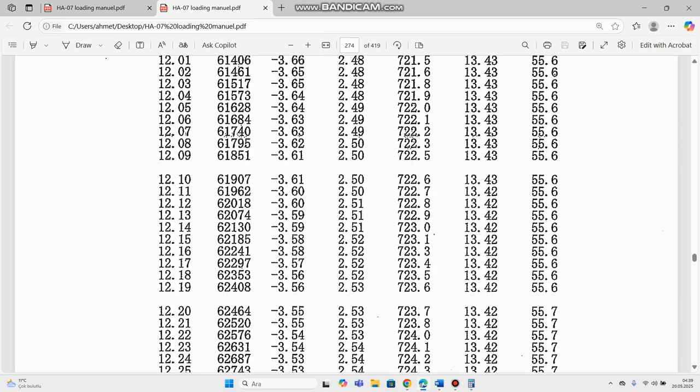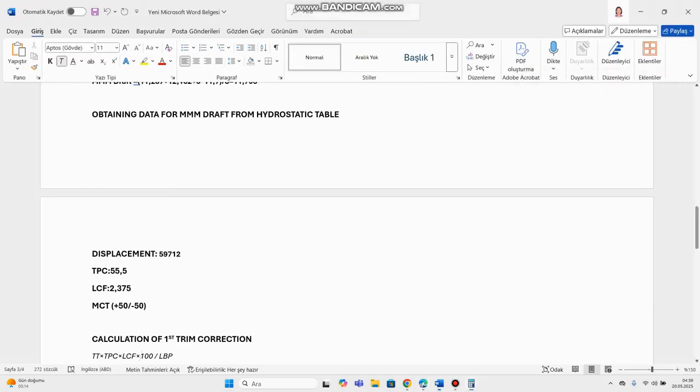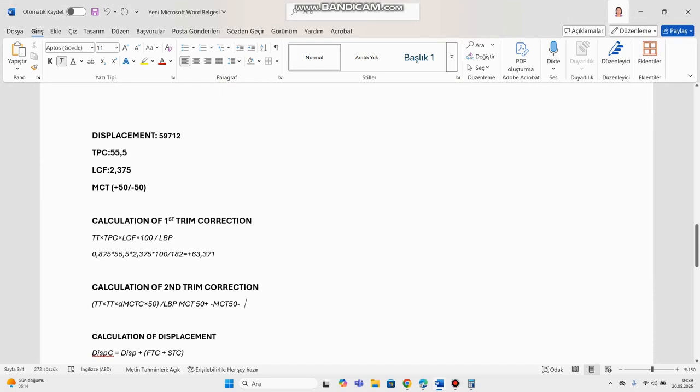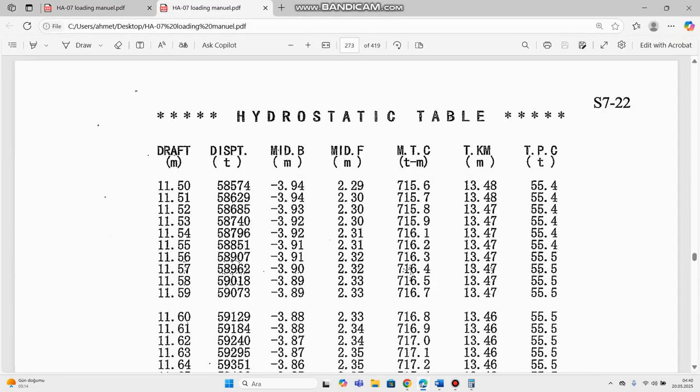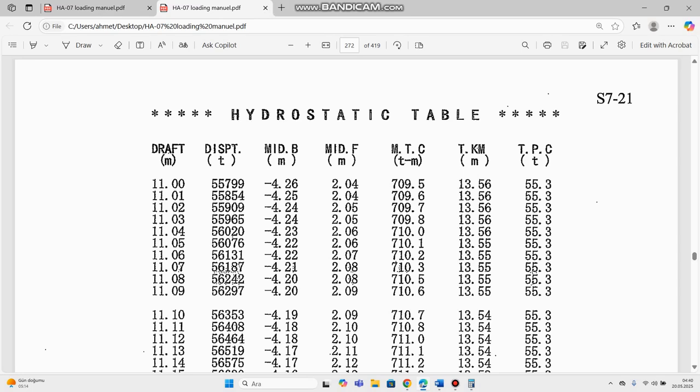Here, 12.206. We can say 723.75. Minus 50 centimeters, 11.206. 50 centimeters less of our mean of mean of mean.